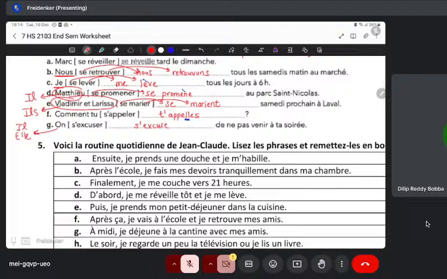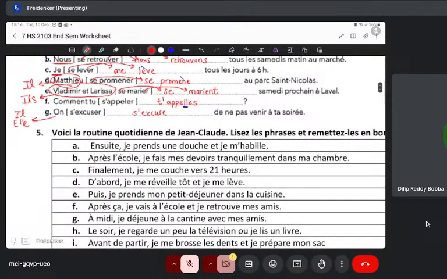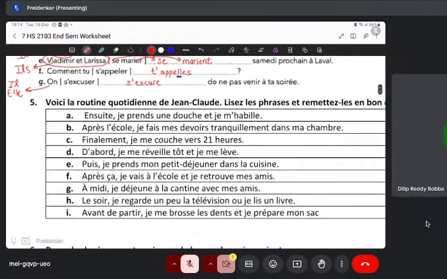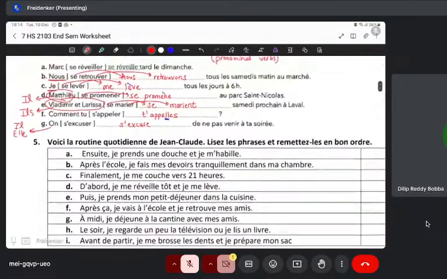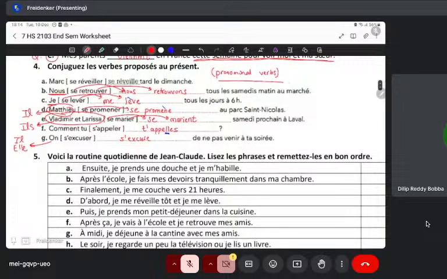So we're excusing ourselves for something, like not coming to your evening party or whatever party. Okay, this is also done. So pronominal verbs, you might want to go through that and look at conjugations as well.